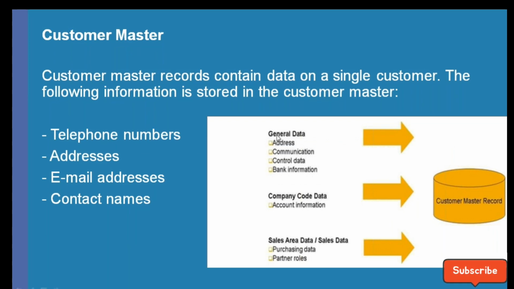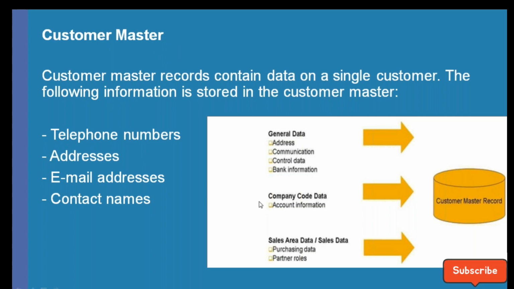For ERP customer, first is the business partner details, where we have the address data, then communication information, then control data, bank information, tax detail, role details, etc.